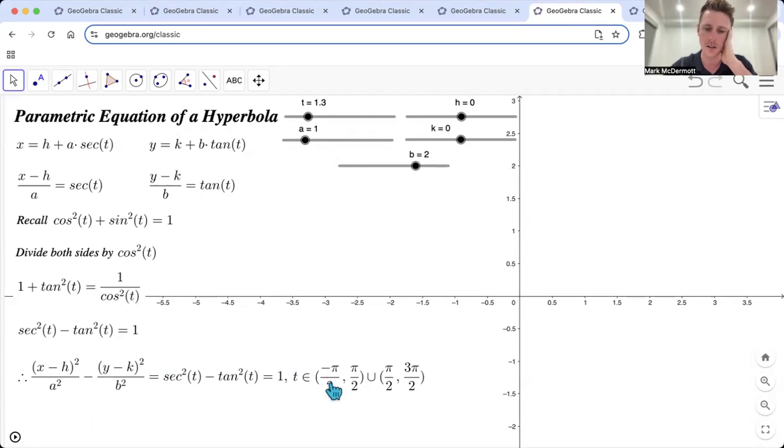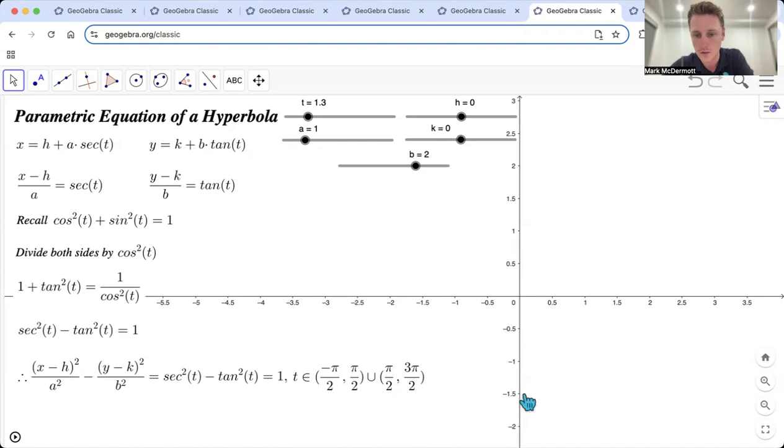So we end up getting a situation where this is only going to be defined between negative pi on 2 and pi on 2, not including, and pi on 2 and 3 pi on 2, not including. I encourage you to think about the unit circle again. From negative pi on 2, which is down the bottom, to pi on 2, you're all good because cosine is not zero. And then similarly, from pi on 2 to 3 pi on 2, you're fine.